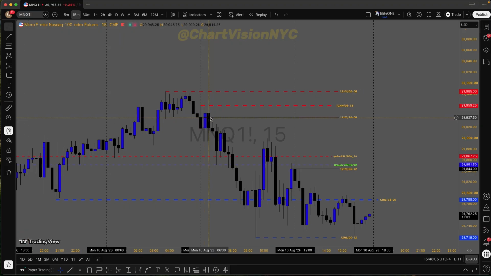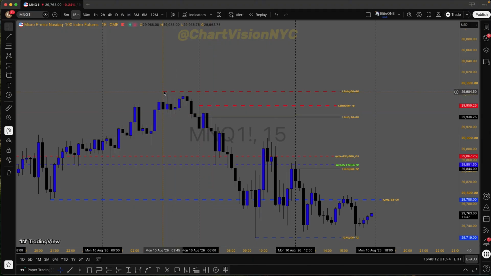So when we see this 12-hour close right here, here's 6 a.m. We see the draw that was placed at 3:45. We work our way up there at 5 a.m., missed it by 3 ticks, and we work our way down. So we have an order block and a fair value gap.